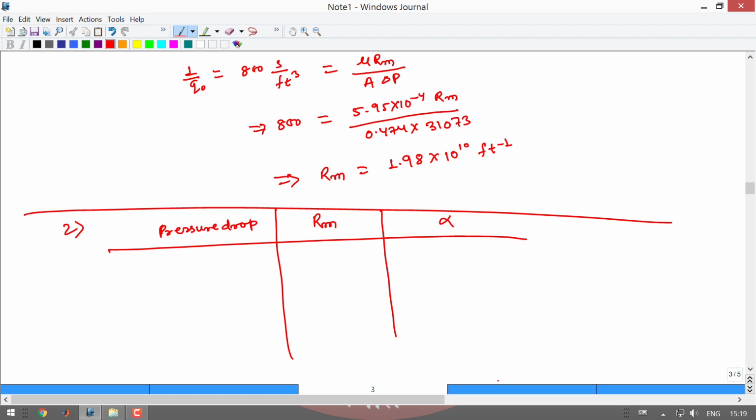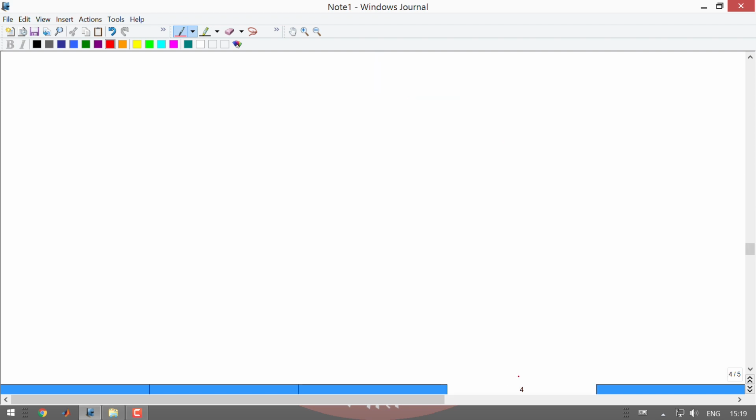Okay. So, I am going to plot the graph Rm versus delta P. It will show how the cake resistance varies with the pressure. If you plot this graph, it will come to a straight line.